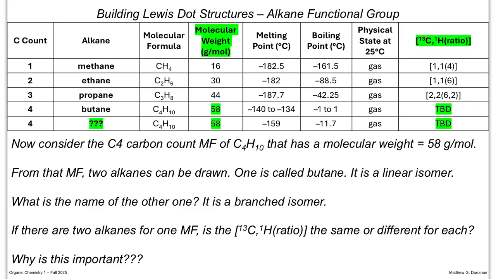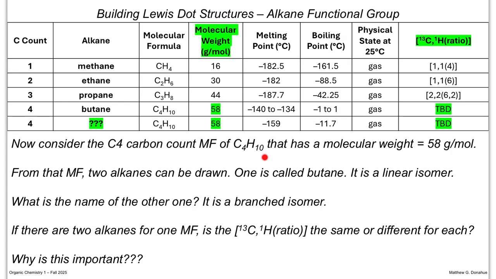And so the reason we want to do this sort of classifying is that they have the same molecular formula, the same molecular weight. I've given you the name of one of them. Will the other one have the same name? And then will these values here be the same? So we have to figure that out in order to communicate the structure of these things so we know they're different.